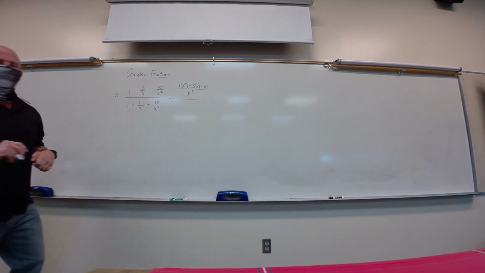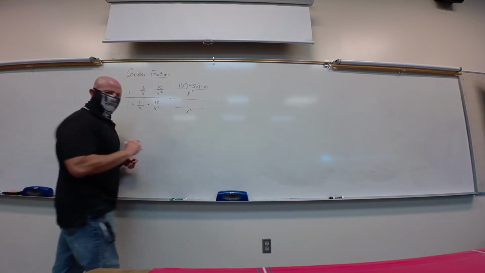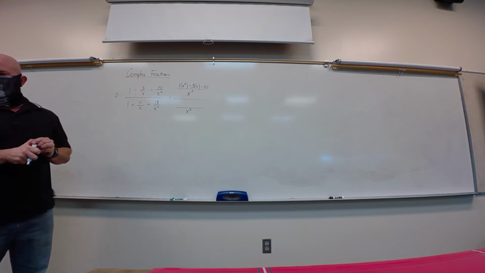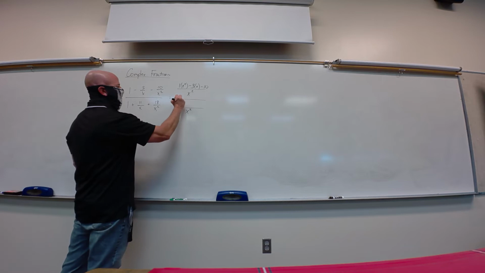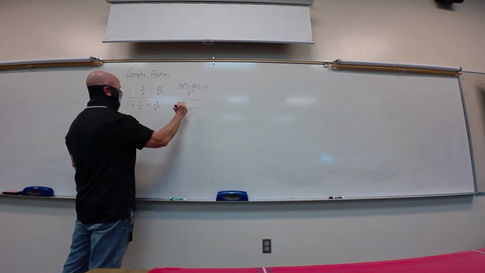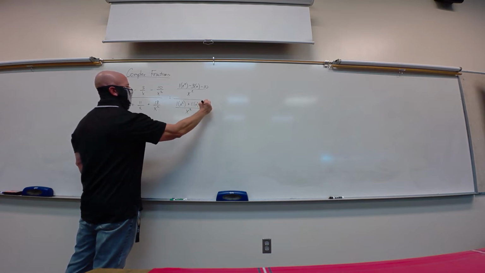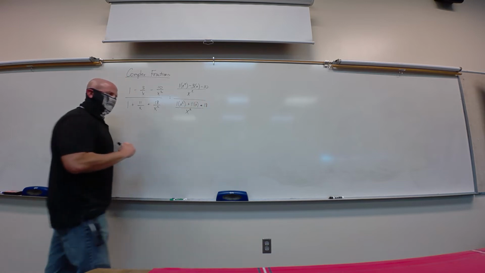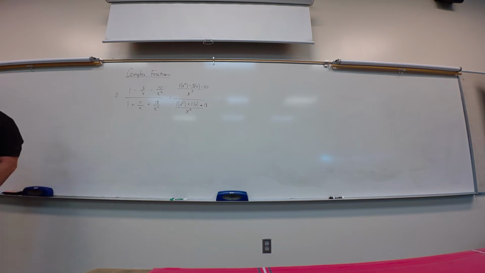Again, common's x squared. So we're going to have 1 times x squared plus 11 times x plus 18. And despite how it looks, it still looks a little better than the original because I combined the ones up top and combined the ones on the bottom.